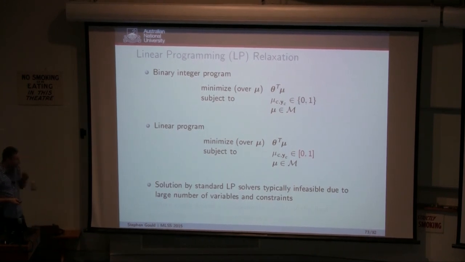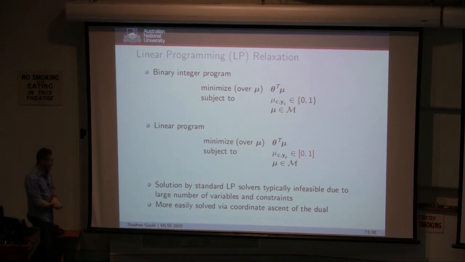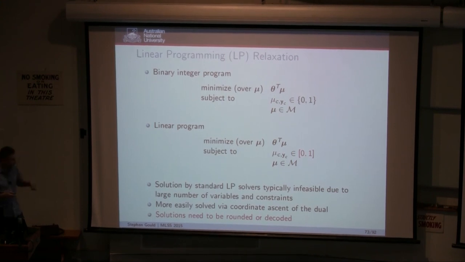Typically, if you use standard LP solvers, these problems are way too big to express in a standard package. And so people resort to coordinate descent on a dual formulation of the problem, right? And as I said, the solutions will need to be rounded. Okay. Yep.